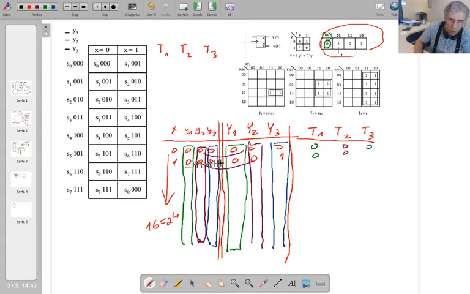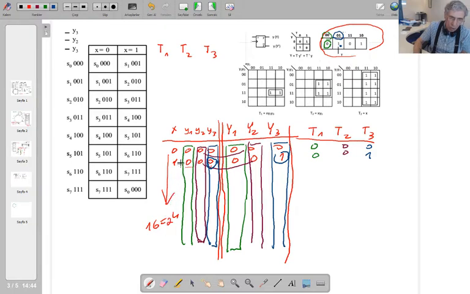When you look at the second line here, you see in the previous one x was equal to 0, in this one x is equal to 1. And your present state is 0, your next state is this 1. 0 to 1 change. For this, your input must be 1, isn't it? That is the inverse definition relation of the T flip-flop, or excitation table. So I'm going to put 1 here.